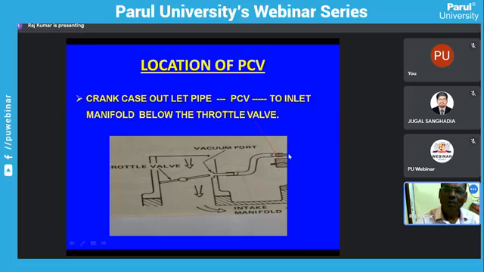Now the mixture, rather hydrocarbon from the crankcase, will come through this PCV and go to the intake manifold. Again, that hydrocarbon mixture expelled from the crankcase will burn inside the combustion chamber. Now we can say it is a recirculation process of the hydrocarbons emitted from the crankcase.